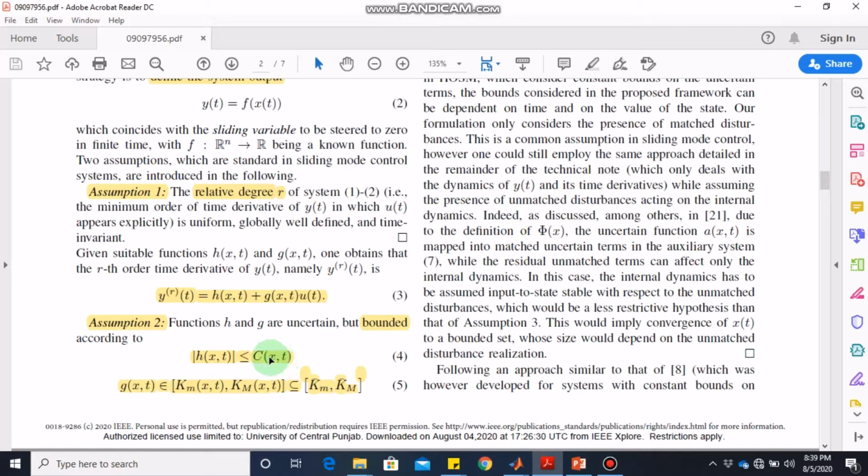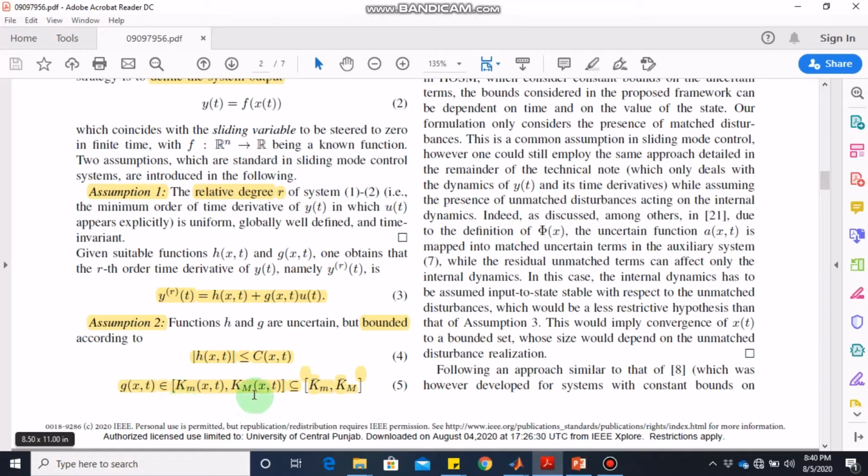So the magnitude of h of x comma t should be upper bounded by some function C of x and t, and g of x should lie in between the range k sub small m to k sub capital M. These are functions of state and time, and in general the upper bound of k sub m is k bar m, and the upper bound of k sub capital M is k bar capital M. So in general these functions have to be bounded from above and below.